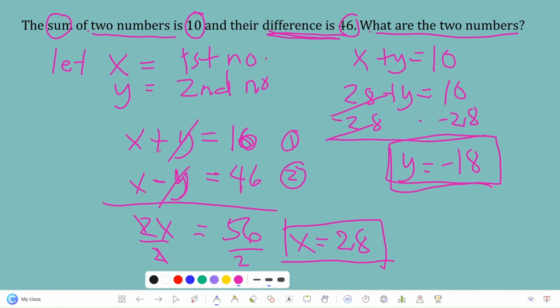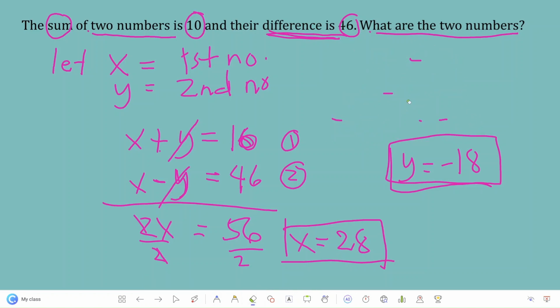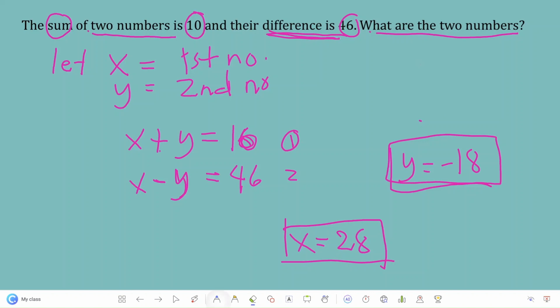Now, let's go and try to find out if indeed the values of x and y are true with both the first and the second equation. So before we do that, we will erase here and also here. We will leave the original equation para makita natin kung tama. Now, sa first equation, you have here x plus y is equal to 10.